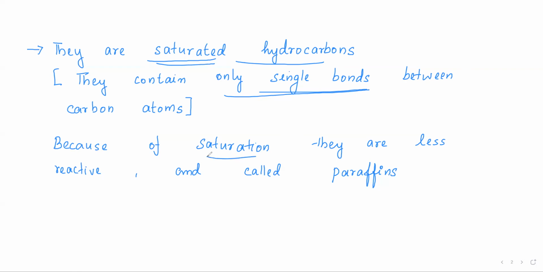Now, because of saturation, they don't have the tendency to react, or I must say they react very less. Only certain reactions like substitution and oxidation take place, not any addition reactions with regard to alkanes. Okay, so alkanes are called paraffins because they have little affinity to react.